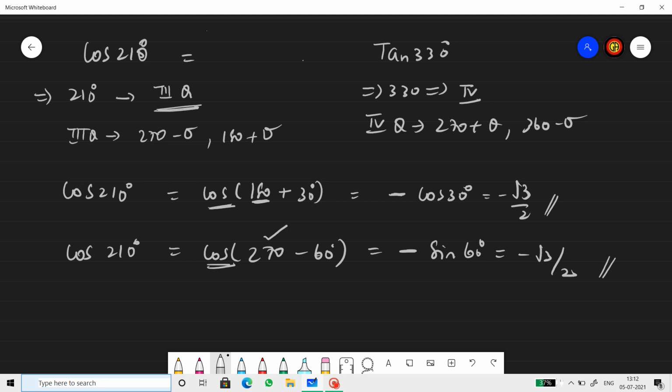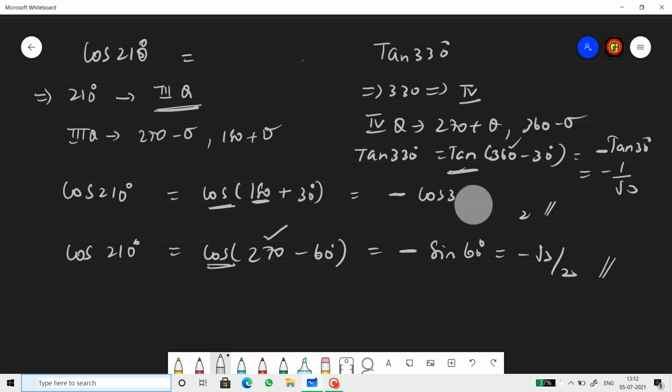So I'm going to express tan 330 as tan 360 minus 30. In the fourth quadrant, tan is negative, so it's minus. 360 means no change. So I get tan 30 as the answer. So the answer will be minus 1 by root 3.